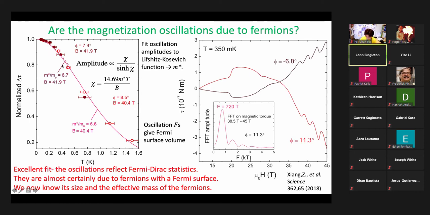Here the data are dots, and the red line is the Lifshitz-Kosevich formula. So basically, it's an excellent fit. So the oscillations are virtually surefire due to fermions, almost certainly fermions with a Fermi surface. And of course, we can know its size because we have the frequency of the oscillations, which is like its cross-sectional area, and we have the effective mass from doing this fit. So we know a lot about this Fermi surface already.